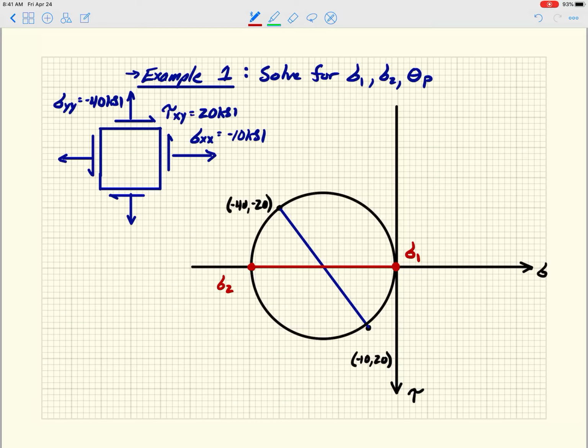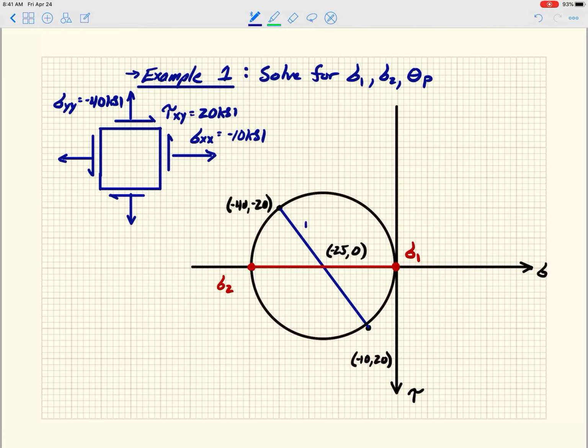That's the maximum positive that we can have. And this point here in the middle, in fact, I'll do it in black because it's not really associated with any particular stress state, is just minus 25 comma 0.